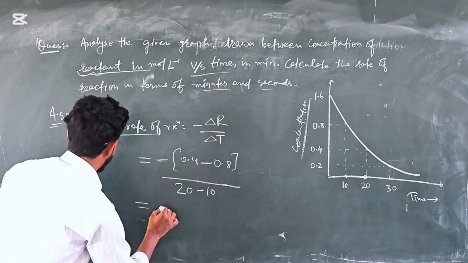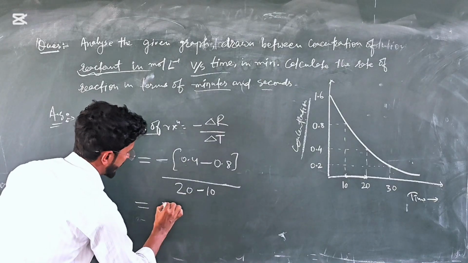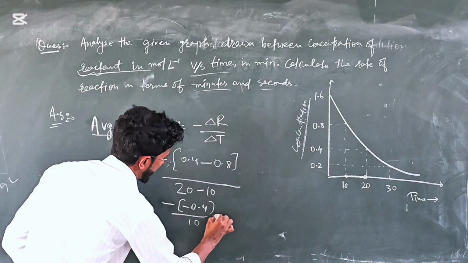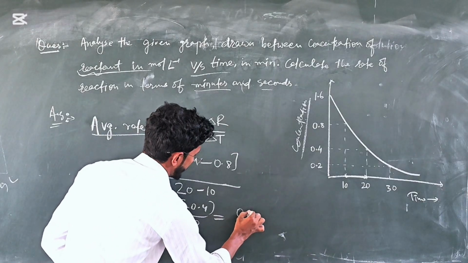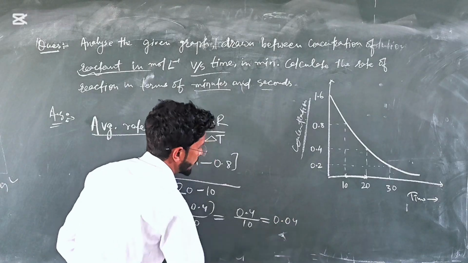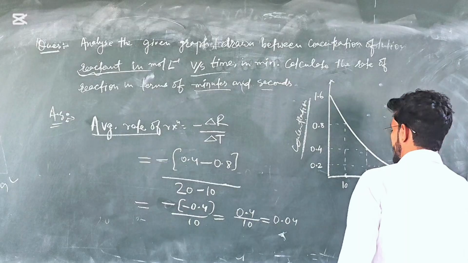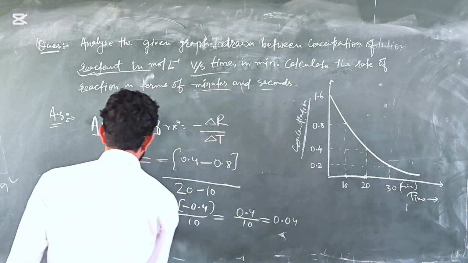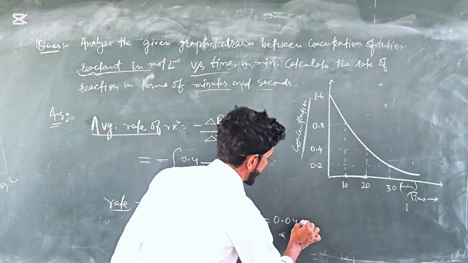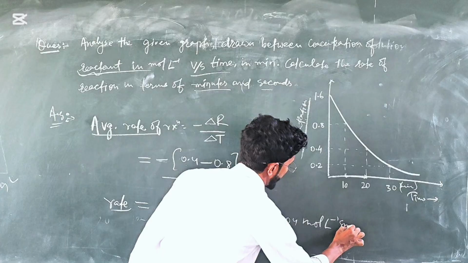This becomes minus of minus 0.4 upon 10, that is 0.04. Because the time is given in minutes, the rate unit is per minute, that is 0.04 mole per liter per minute.